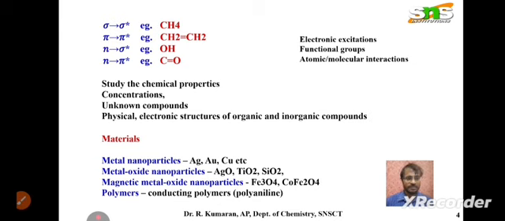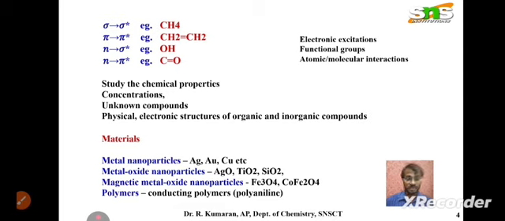Some of the examples shown here are materials. What are the materials? Metal nanoparticle material, metal oxide nanoparticle material, magnetic metal oxide nanoparticles, and especially polymers also. For metal nanoparticle materials, the examples are silver, gold, and copper nanoparticles, which researchers use in day-to-day life.